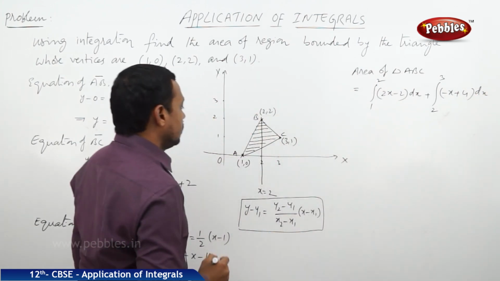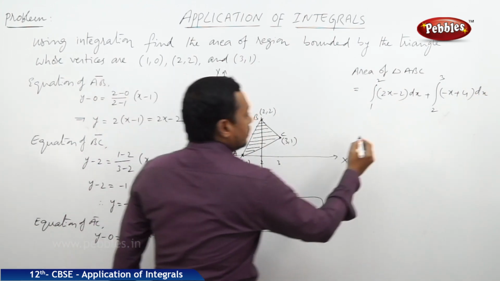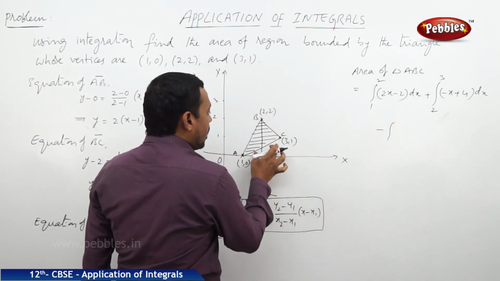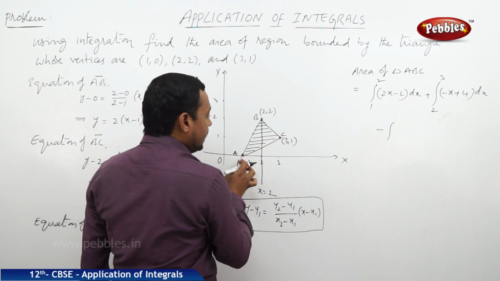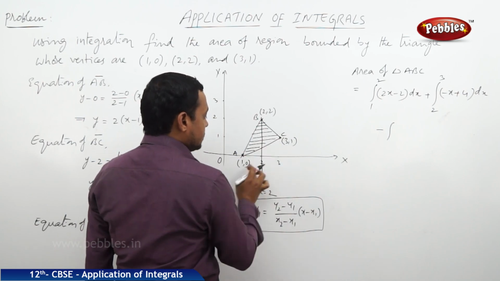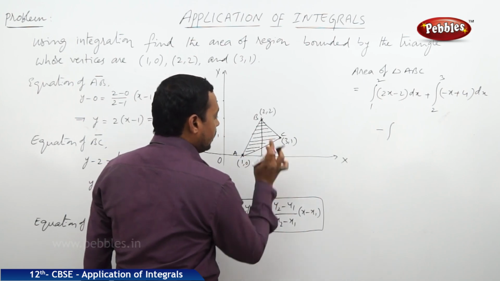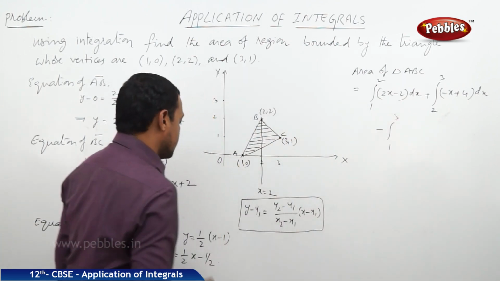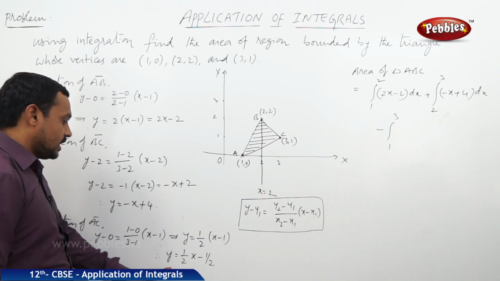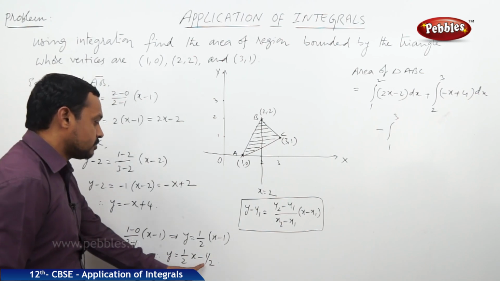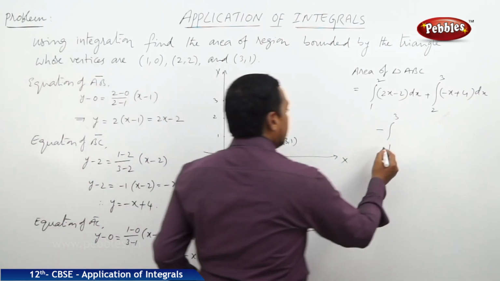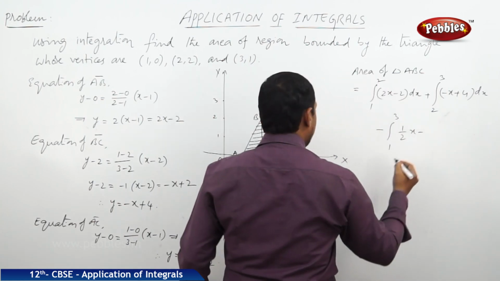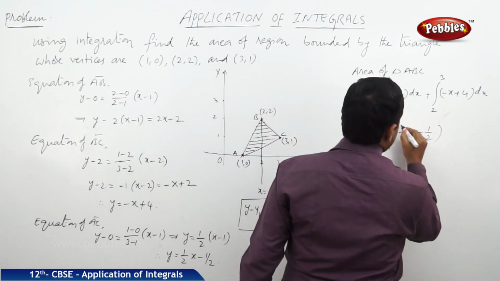But subtract the area which is formed by the straight line AC with the x-axis between the limits x is equal to 1 and x is equal to 3. Now the equation of AC is y is equal to 1 by 2 x minus 1 by 2. So that integral 1 to 3 of 1 by 2 x minus 1 by 2 dx.